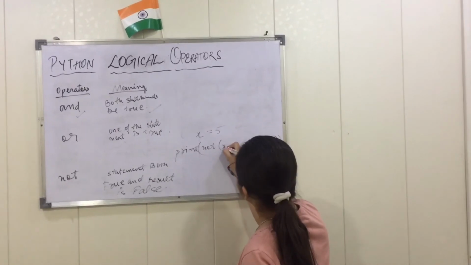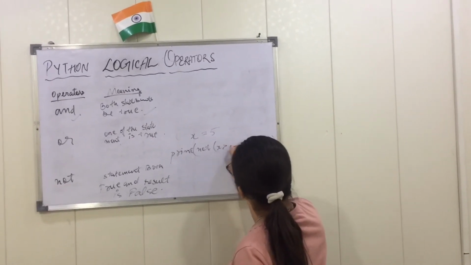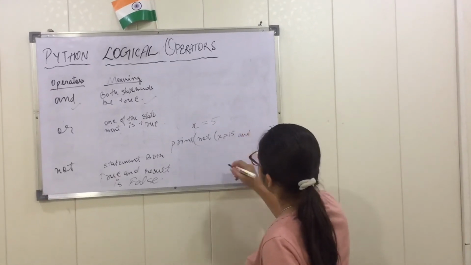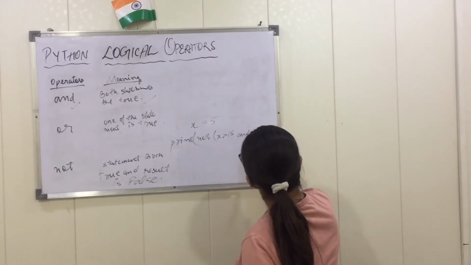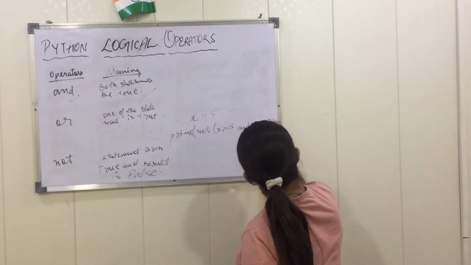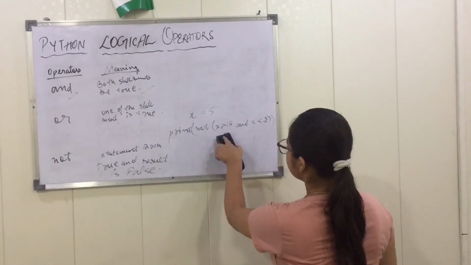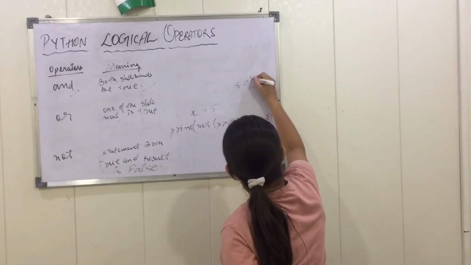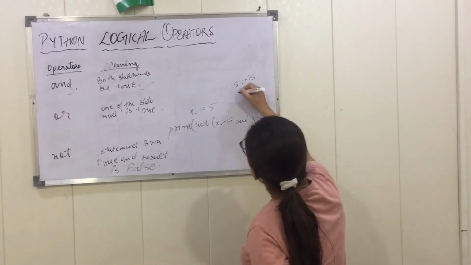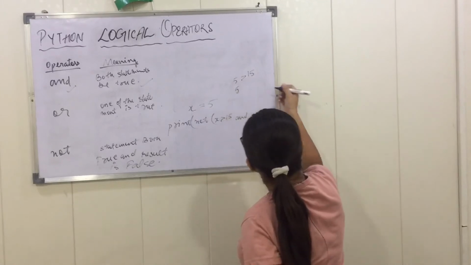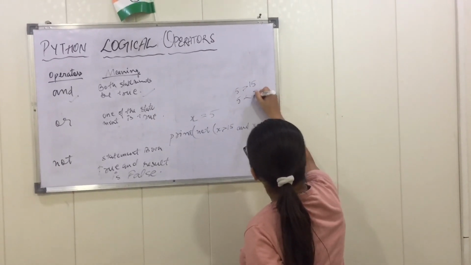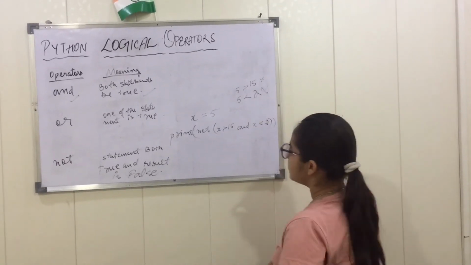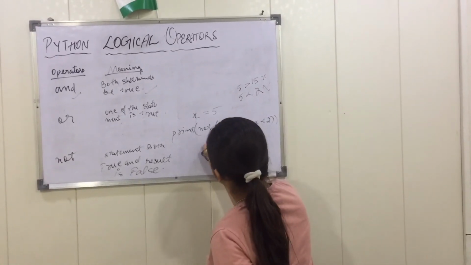Suppose I am asking if x's value is greater than 15 and x's value is less than 2. So 5 is greater than 15 is false, and 5 is less than 2 is also false. So the answer will be true.